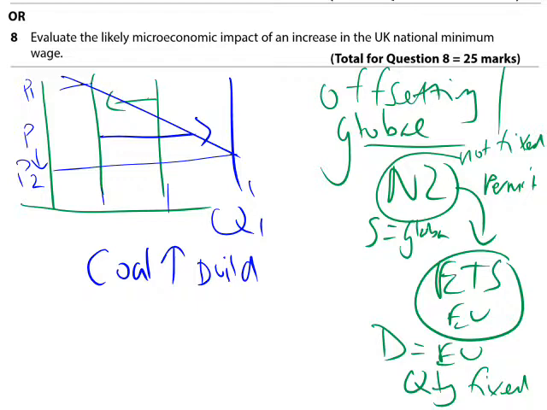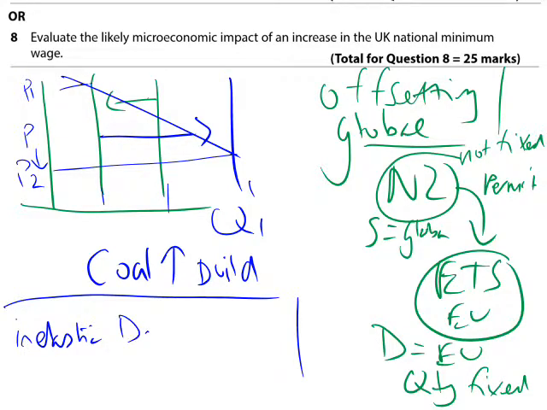In terms of the weaknesses of the tax, some of us have already talked about inelastic demand, and that one's key. In terms of how you evaluate, what you need to do is choose one method or the other.